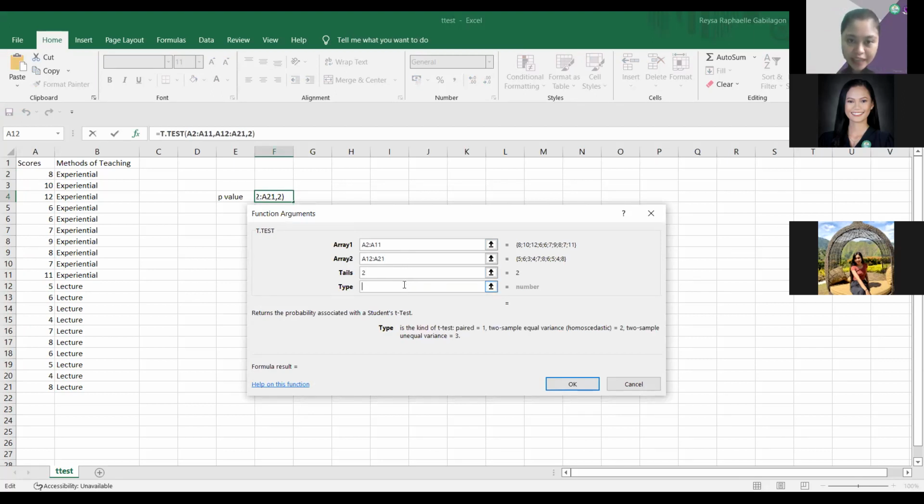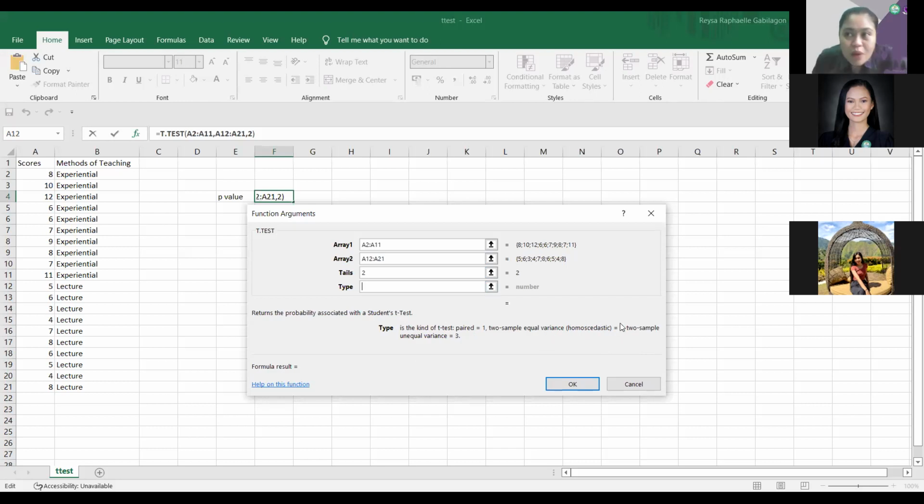And then for the type, basahin nyo yung nasa box class. Ang nakalagay dyan, type is the kind of t-test. So, i-type nyo yung 1 if it is a paired t-test, and 2 if it is two sample equal variance, meaning homoscedastic, and that means independent sample t-test ito na parametric kasi equal ang variance.